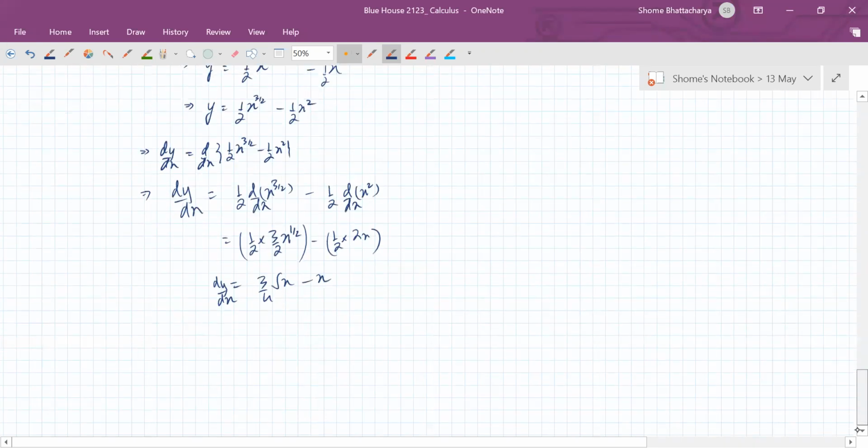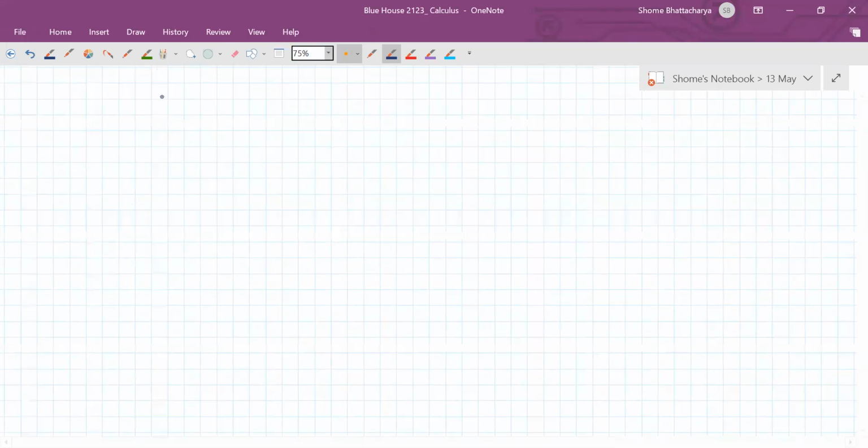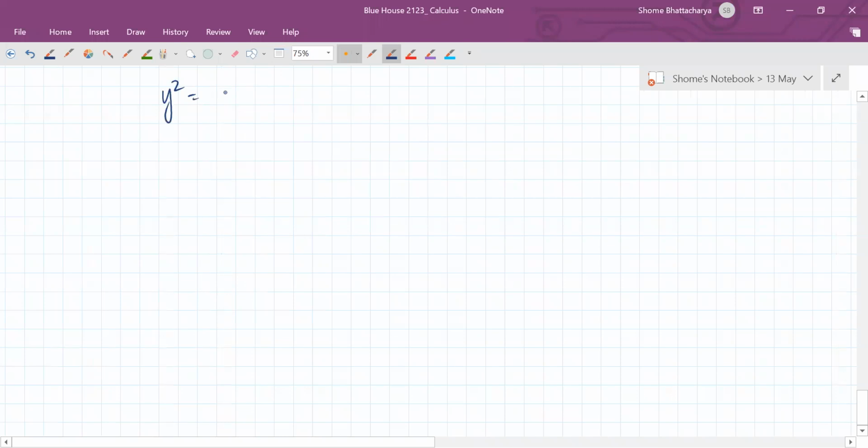Okay, so we have got this expression that y square is equal to x to the power 6 minus 6x cube plus 9. Now, of course, we can apply chain rule and all that, but since I have not taught you chain rule yet, I won't apply that over here. But what you can notice is that the right hand side is a whole square.